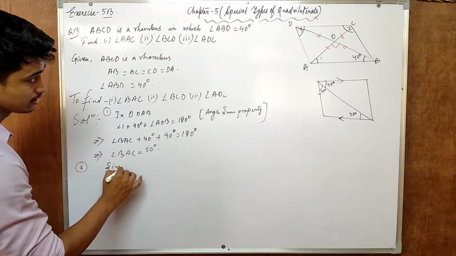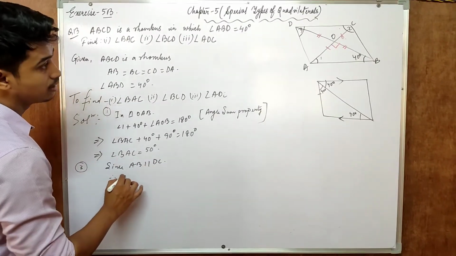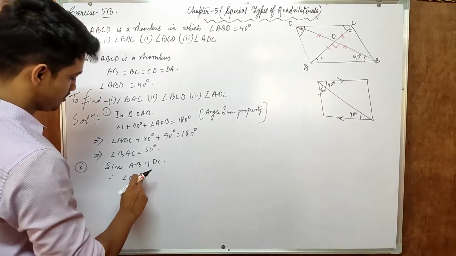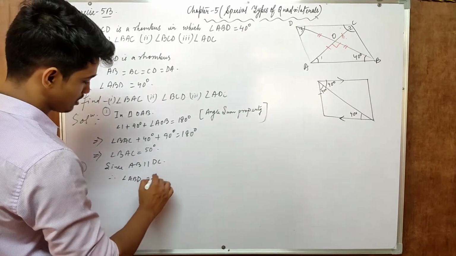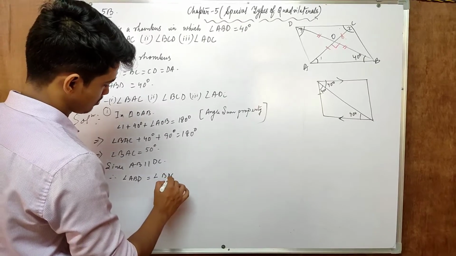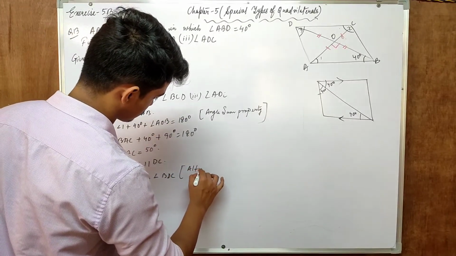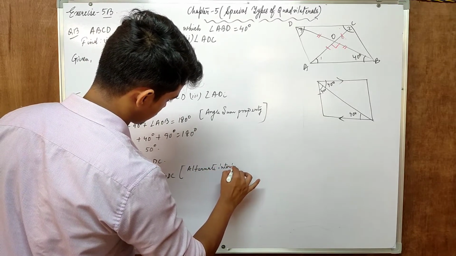Since AB is parallel to DC, therefore angle ABD is equal to angle BDC, alternate interior angle.